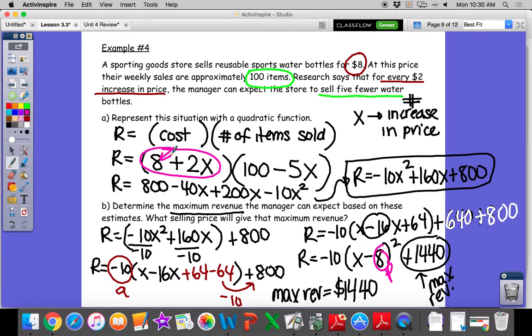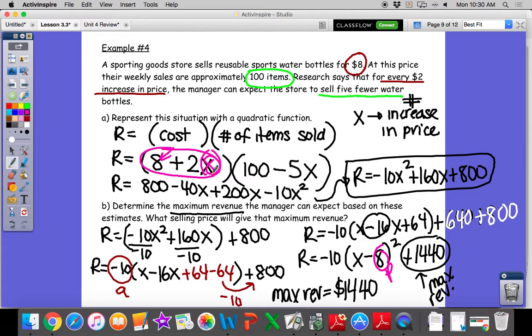So if we know that we made 8 increases in price to get to this maximum revenue, we're going to have to go 8 plus 2 times 8. So $8 was the original cost of the water bottle, plus 2 times, meaning $2 for every increase in price you did. You did 8 increases in the price.